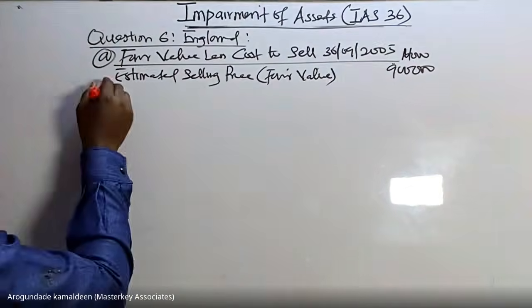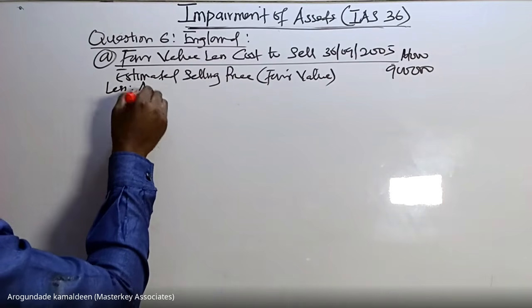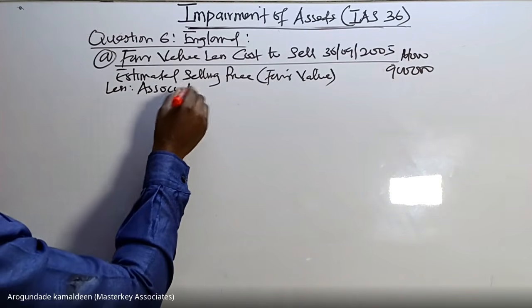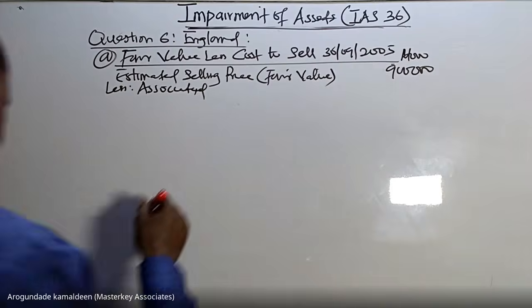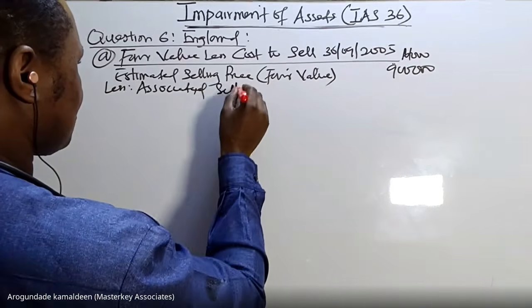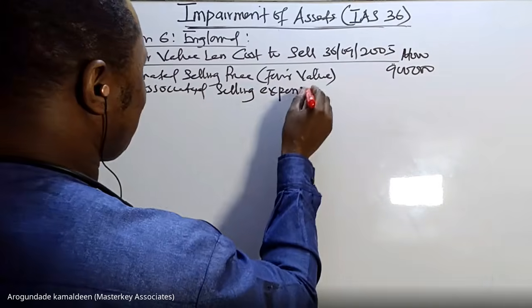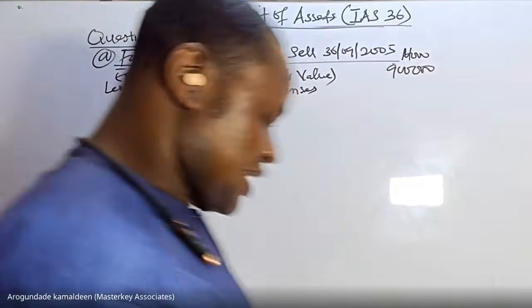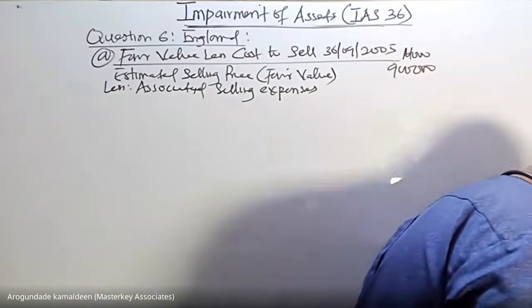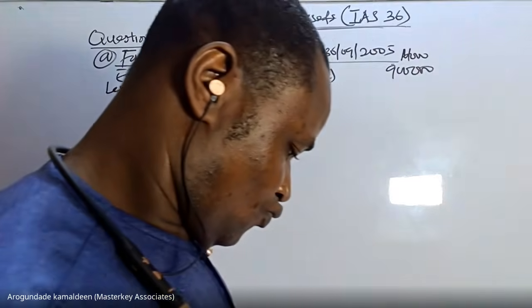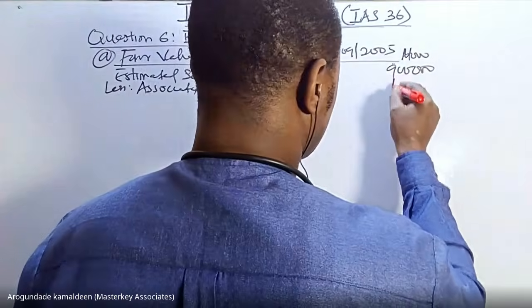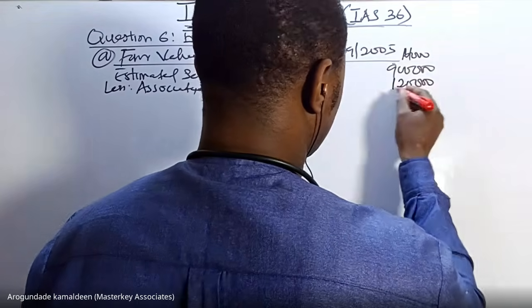So let's now look at the associated selling expenses. That is how much? 120 million.